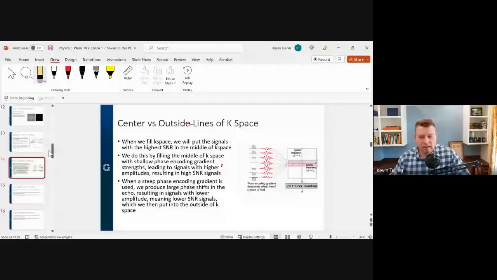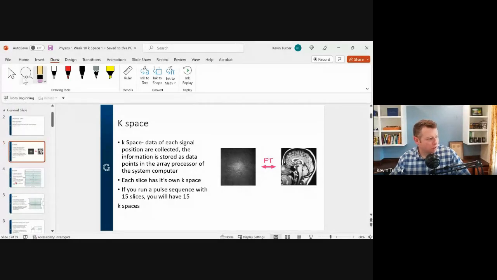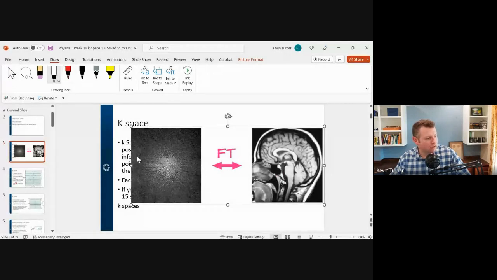When the computer turns K-space into an image, it's going to read the data in the center of K-space and use it for the contrast and SNR for the image. In this drawing of K-space, you can see that we have bright signal towards the middle.